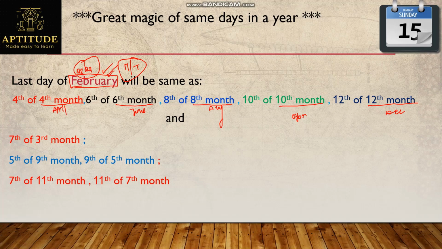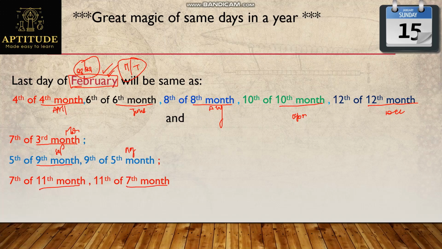Similarly, the last day of February will be the same as these also. 7th of the 3rd month, which means March. So 7th of March, 5th of the 9th month, which means September. So 5th of September and 9th of the 5th month, that is 9th of May, 7th of November and 11th of July.